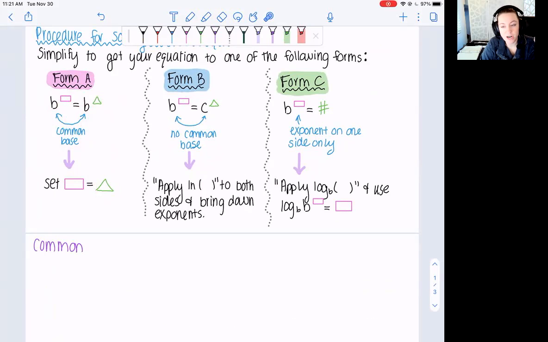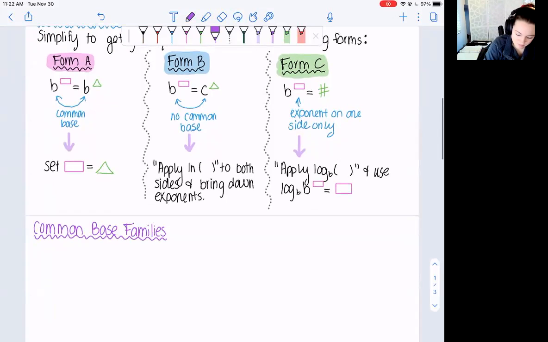So I want to talk about common base families, i.e. numbers that have the same base. Numbers that are all powers of the same number. So 8 and 4 are both powers of 2, for example.